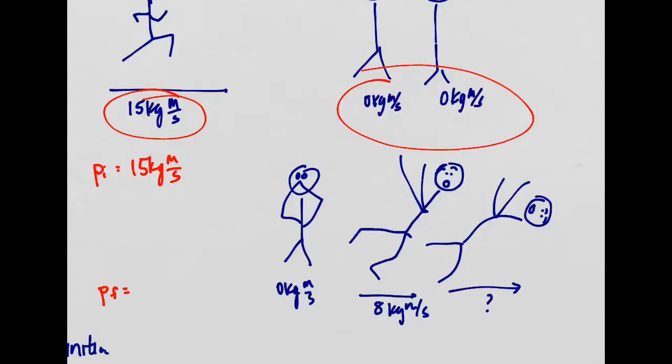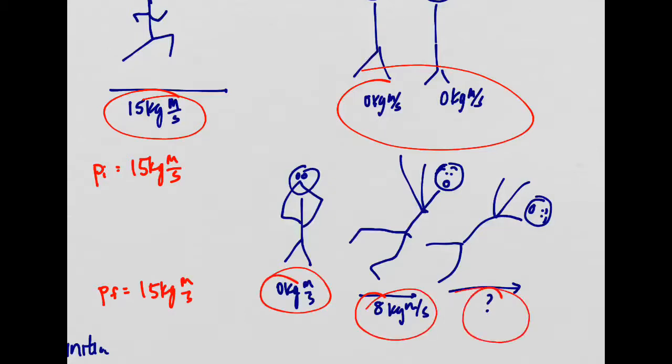So therefore, this must also be 15 kilogram meters per second. So 0 plus 8 plus what equals 15? Well, this has to be 7 kilogram meters per second, right? Because 8 plus 7 is 15. Okay, so this is the type of example I'm going to give you.